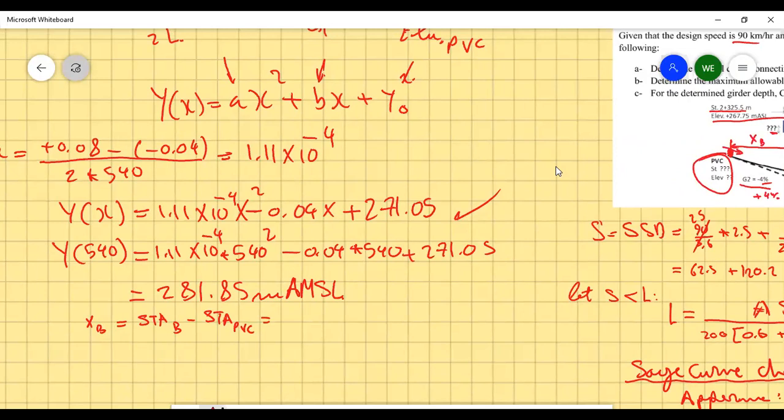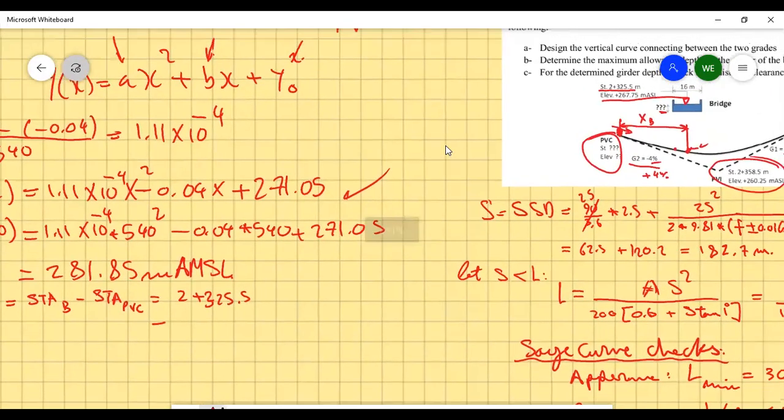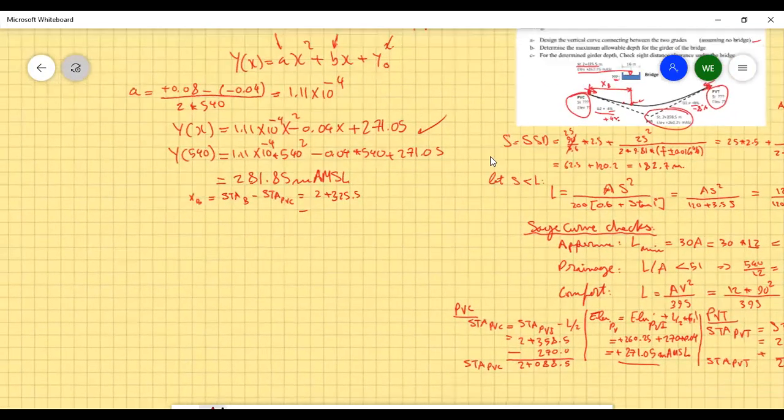So it's the station of the bridge, which is 2 plus 325.5 minus the station of the BVC, so here 2 plus 0.88.5. So here we have 0, we have 7, we have 3, we have 2. So we have 237.